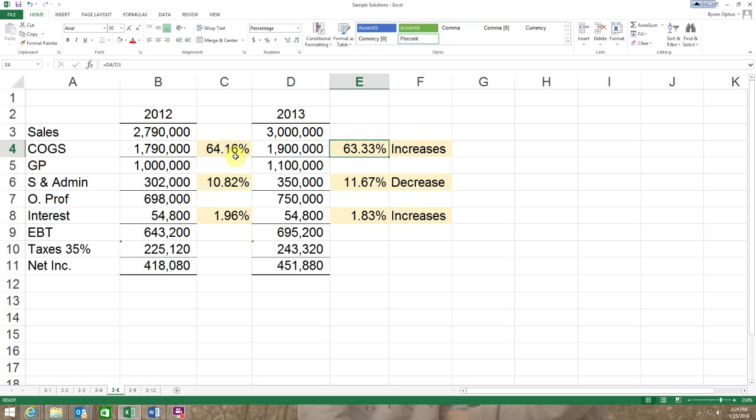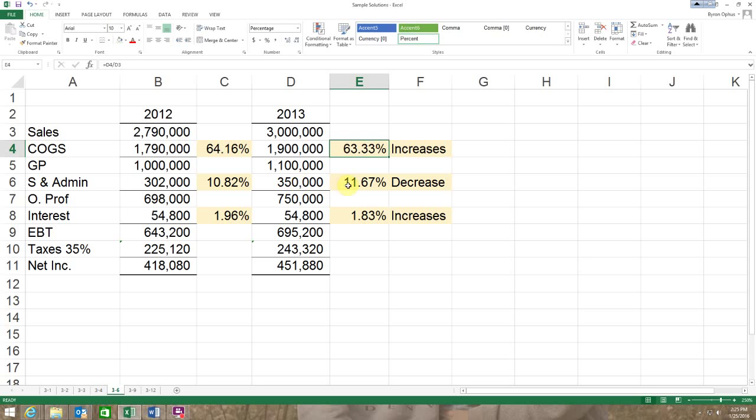Okay, and in my case now, I have an expense here. Cost of goods sold is an expense, and my expense ratio went from 64.16 to 63. So if an expense goes down, it's a benefit to profit. My selling and administrative costs, my expense went from 10.82% of sales to 11.67%.